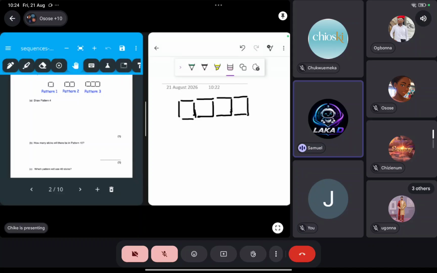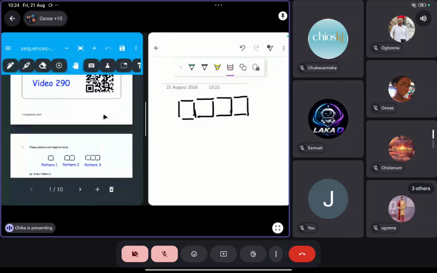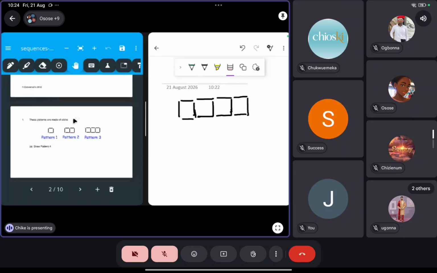Sir, please, I don't understand. Okay, let me re-explain. Now, this is like sequence and series, only that this one is definitely about patterns. They are not using numbers. The first one says, these patterns are made of sticks. So pattern 1 is made up of 4 sticks.